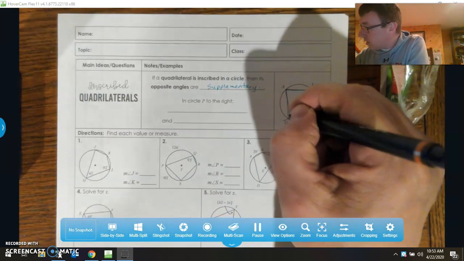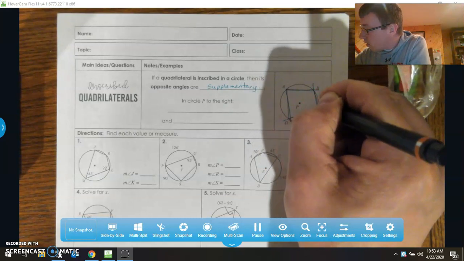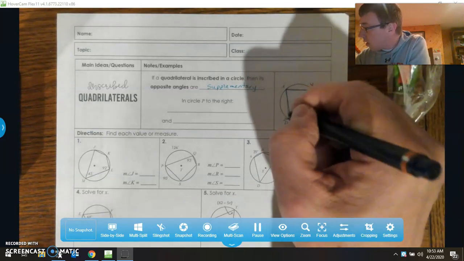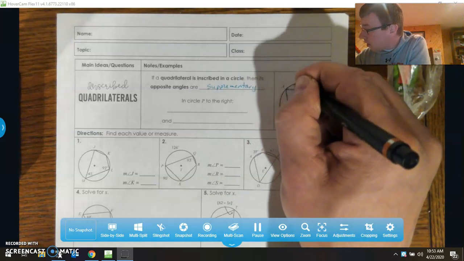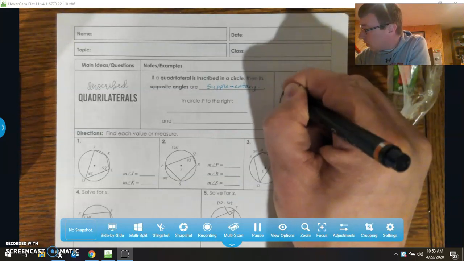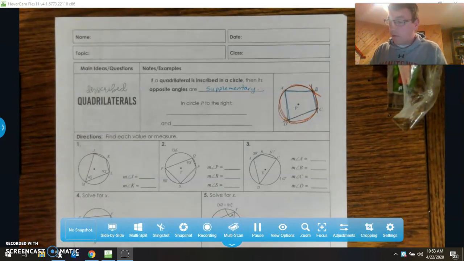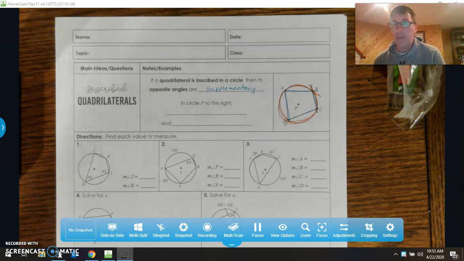So angle A will intercept this arc here. Angle C will intercept this arc here, which means they intercept the entire circle. Therefore, if the entire circle is 360 degrees, half of that is 180.